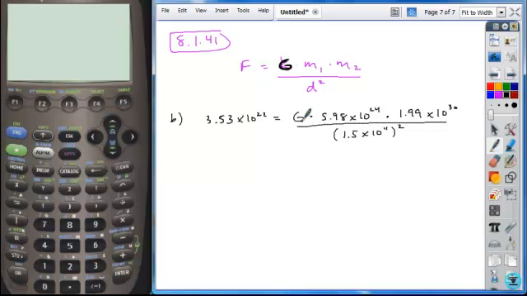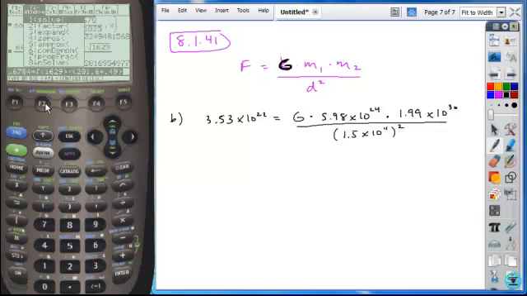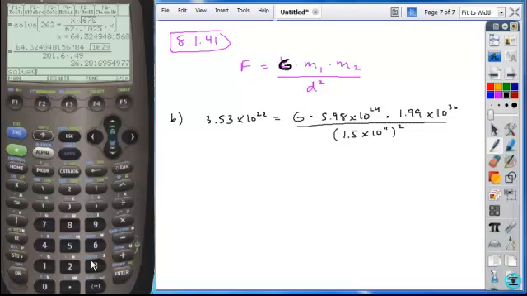We simply solve for g. So if we use the solve feature, F2 algebra tab, type in 3.53 times 10 to the power of 22 is equal to, I'll call g x in this case, so x times 5.98 times 10 to the power of 24 times 1.99 times 10 to the power of 30.